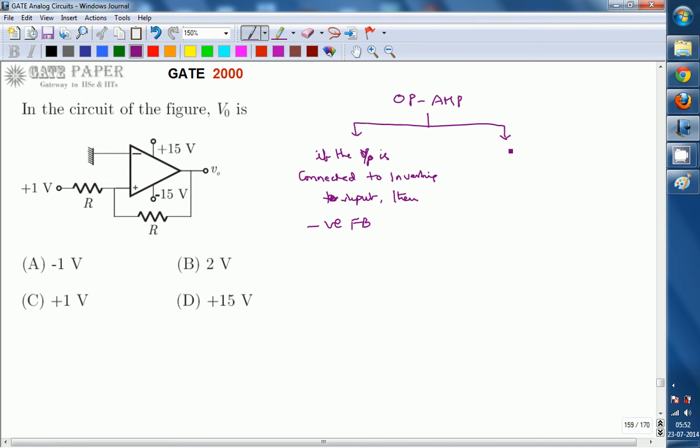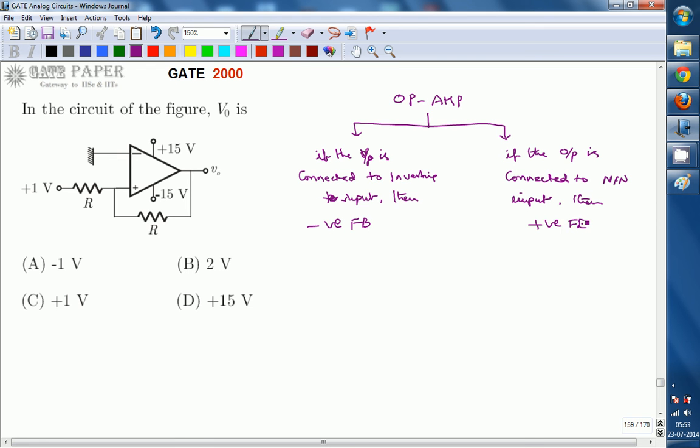Otherwise, if the output is connected to the non-inverting input, then the feedback is called positive feedback.